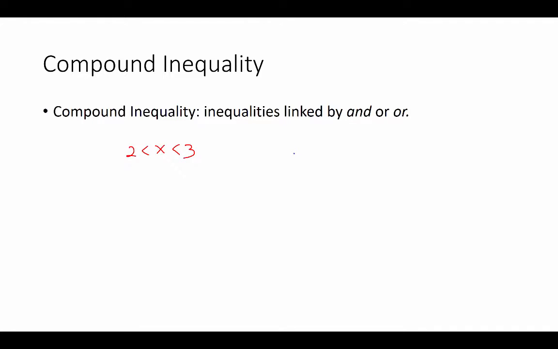And also if I say x is less than negative 2, or x is greater than 2, let's make it equal sign as well, then this will also be a compound inequality because I use two inequality symbols. And if I have to graph this, this kind of notation you will see often will be a segment.